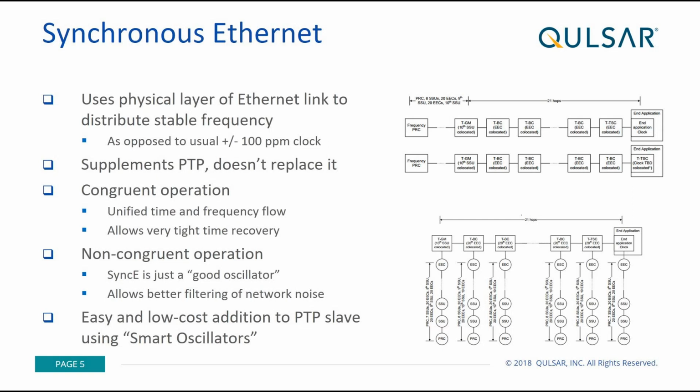If the network is architected from the outset to support both 1588 and synchronous Ethernet, it will typically operate in what's called a coherent or congruent mode, where the two can be thought of as living hand in hand. So wherever there's synchronous Ethernet, there's 1588. They take the same path through the network, and that allows us to get the best level of performance out of the network. However, it is possible to put synchronous Ethernet into portions of an existing network without having that congruency and still get some performance improvement.